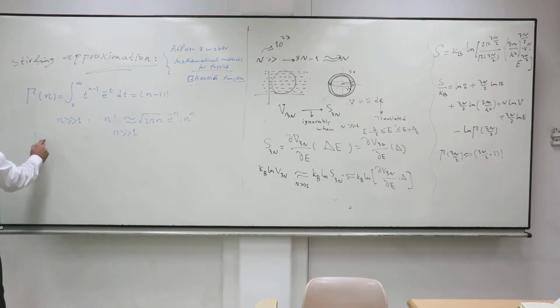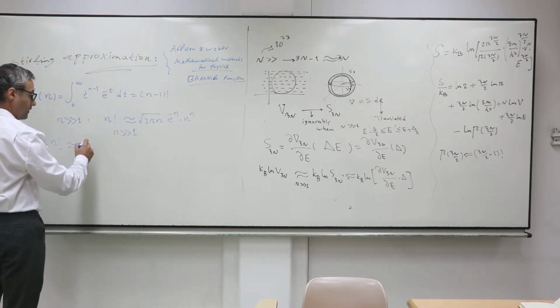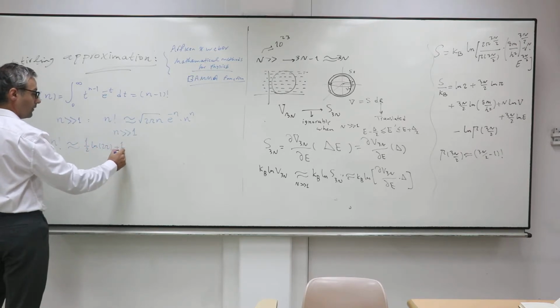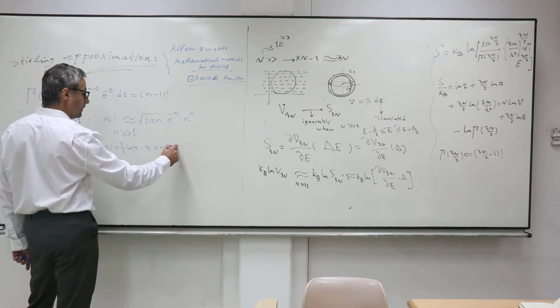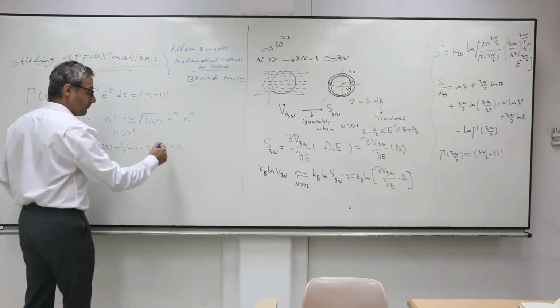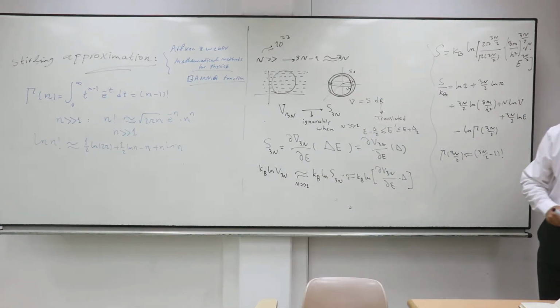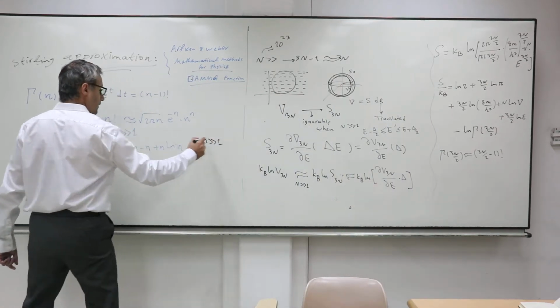So the natural logarithm of the factorial will be, from that, 1/2 ln 2π plus 1/2 ln n minus n plus n ln n. This is not very good when n is very big.